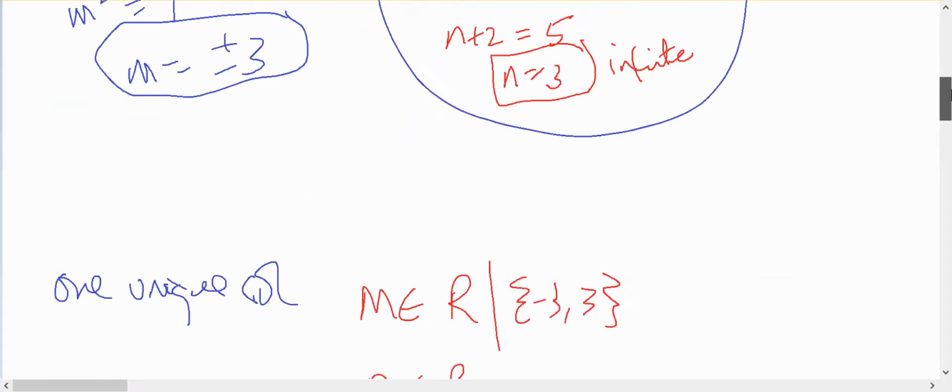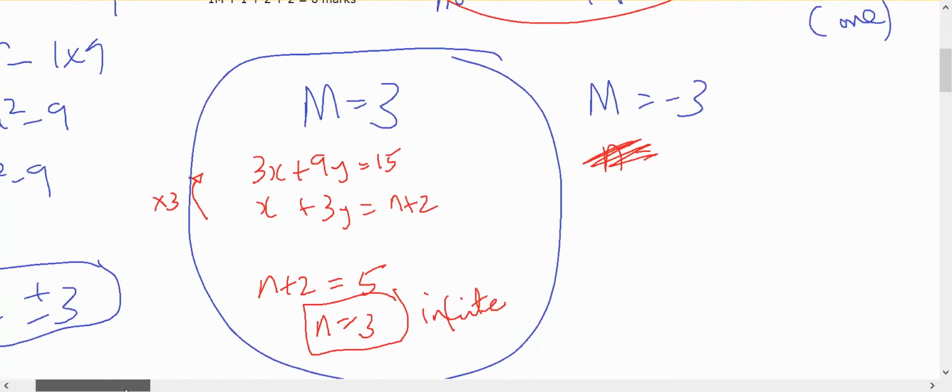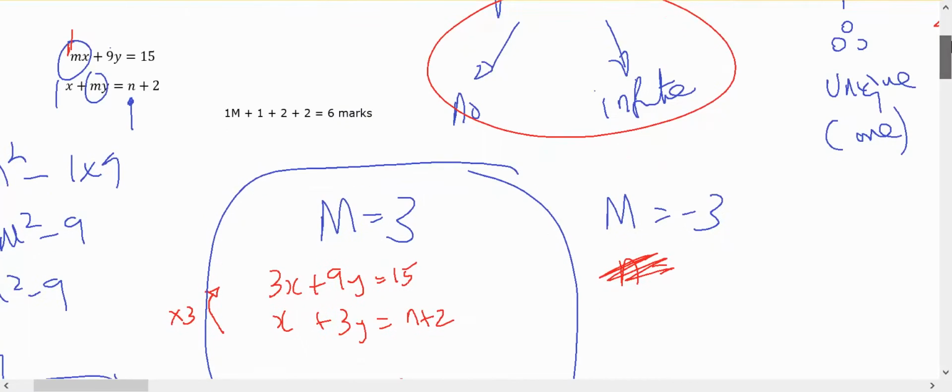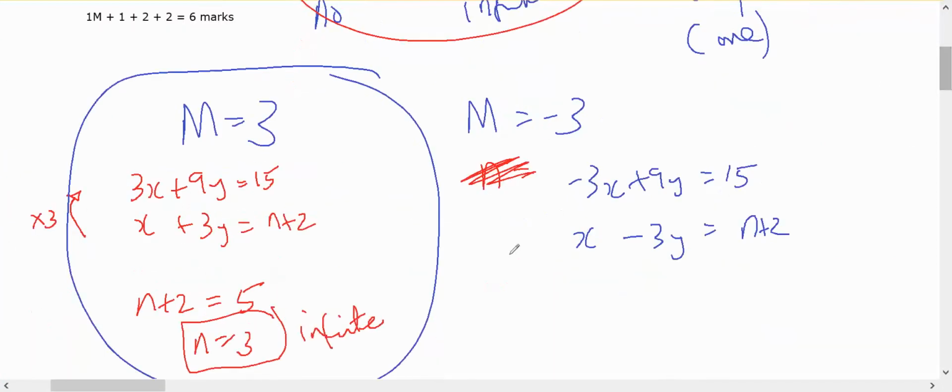And now I need to explore what happens when m equals -3. When m equals -3, I get -3x plus 9y equals 15, and x minus 3y equals n plus 2. Now on this occasion, if I multiply that by -3, that will give minus 3x, -3 times that's plus 9y.